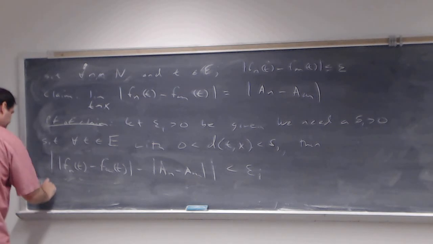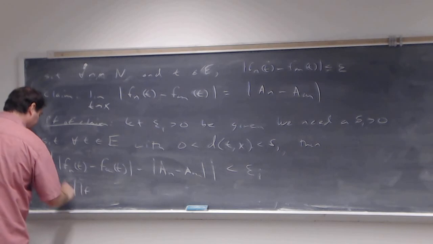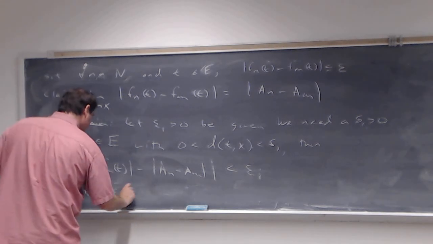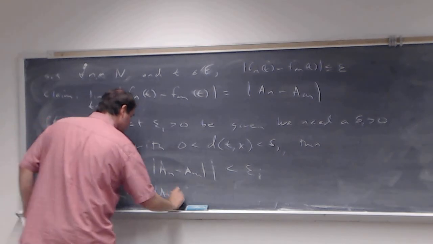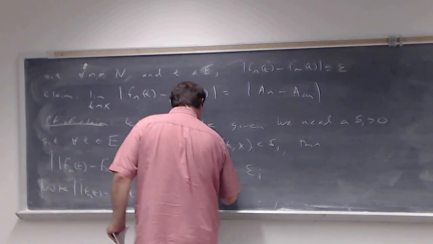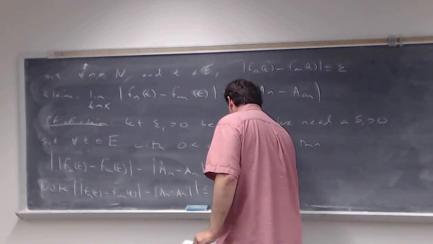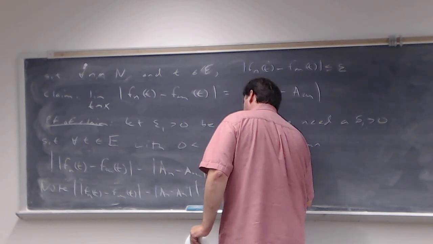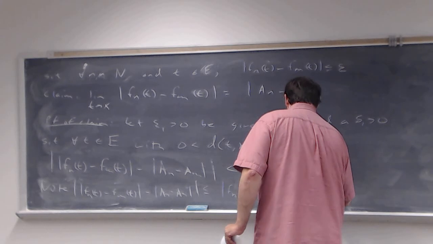Well, let's note that this quantity, this absolute value of the norm, is going to be less than or equal to the norm of f sub n of t minus f sub m of t minus a sub n plus a sub m.